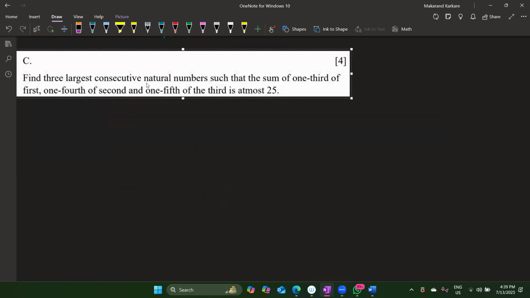First of all, they are consecutive natural numbers. What do we mean by consecutive natural numbers? They are one after the other. So I can say let the numbers be n. So next number must be n plus 1. And the next number must be n plus 2, right?